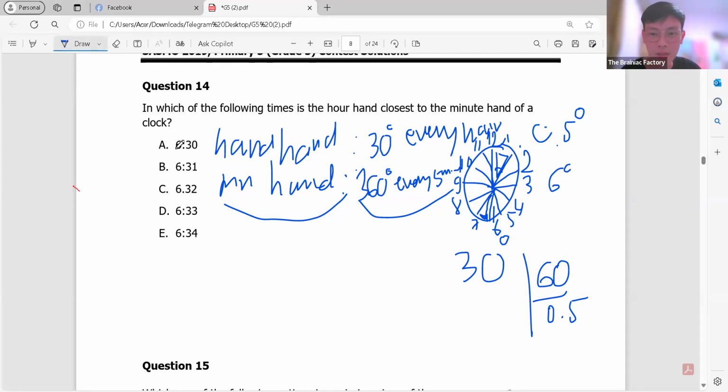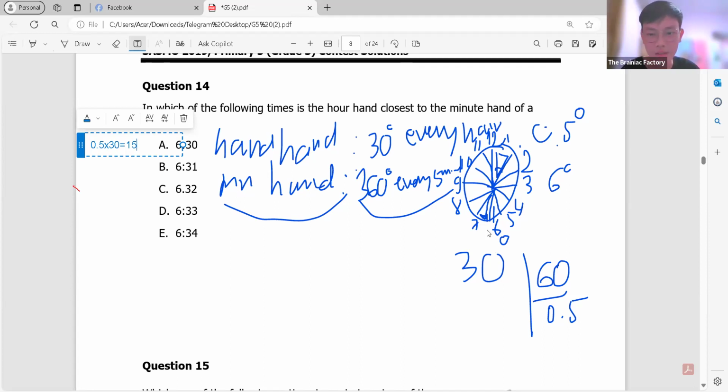this one we're having 30 minutes, so that 0.5 times 30, this is about the hour hand, and it's giving us 15 degrees.